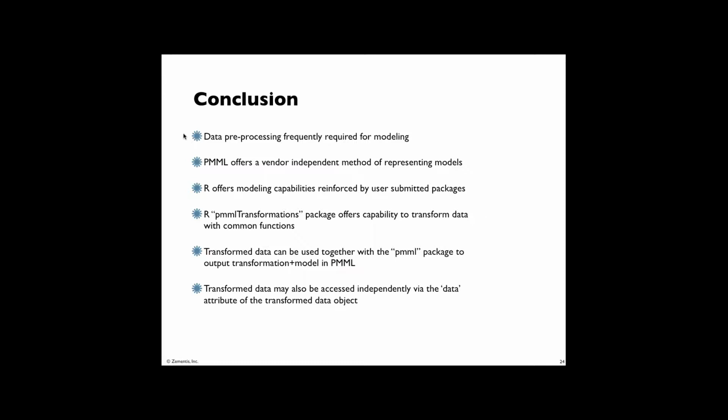So you can use it directly to make your PMML model, or you may also just access the transformed data values by using the data attribute. So transform object $data will give you access to the transformed data also. So it can be useful not just for PMML, but for your own use: just use it to transform the data and get the transformed data values.